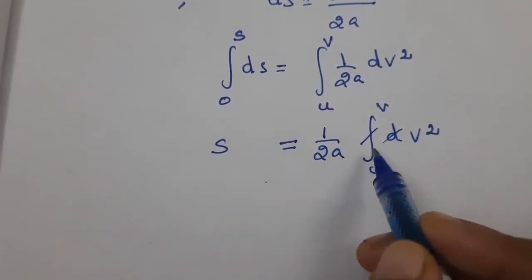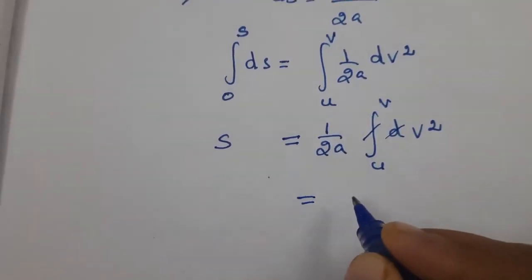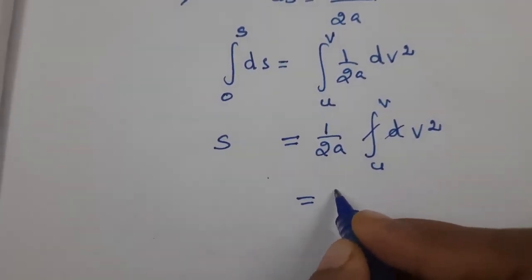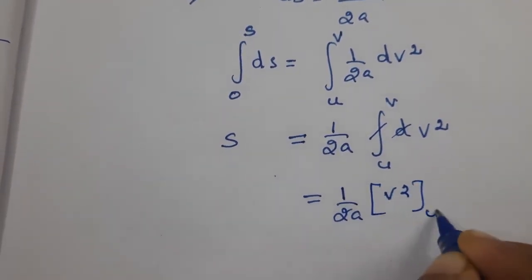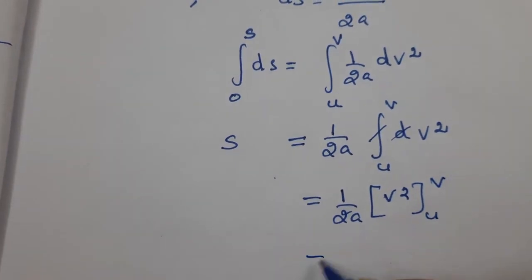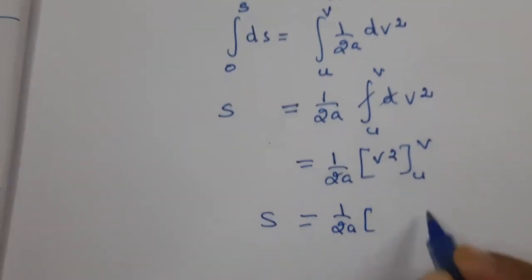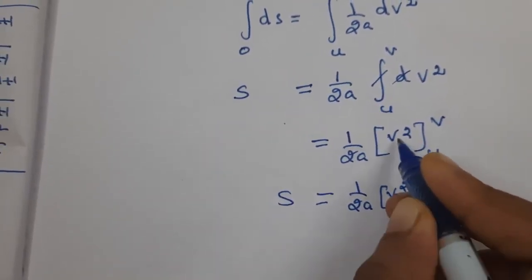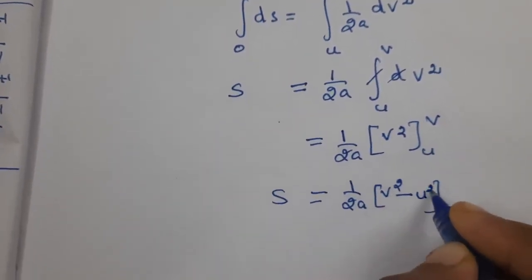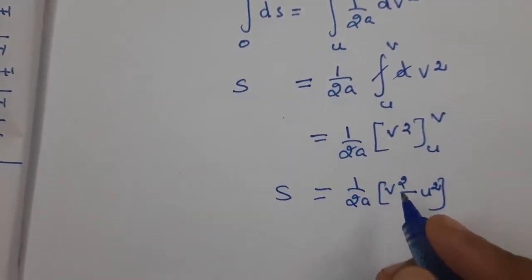We get 1 by 2a into v square with the limits. So s is equal to 1 by 2a into upper limit v square minus lower limit u square, that is 1 by 2a into v square minus u square.